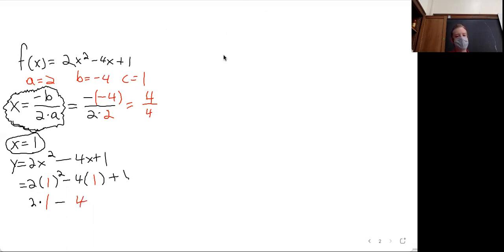And then we still have the plus 1 on the end. So as we start to simplify this, 2 times 1 will give us 2. Then minus 4 and plus 1. Which means that if we calculate this out, 2 minus 4 is -2. -2 plus 1 is going to be -1.